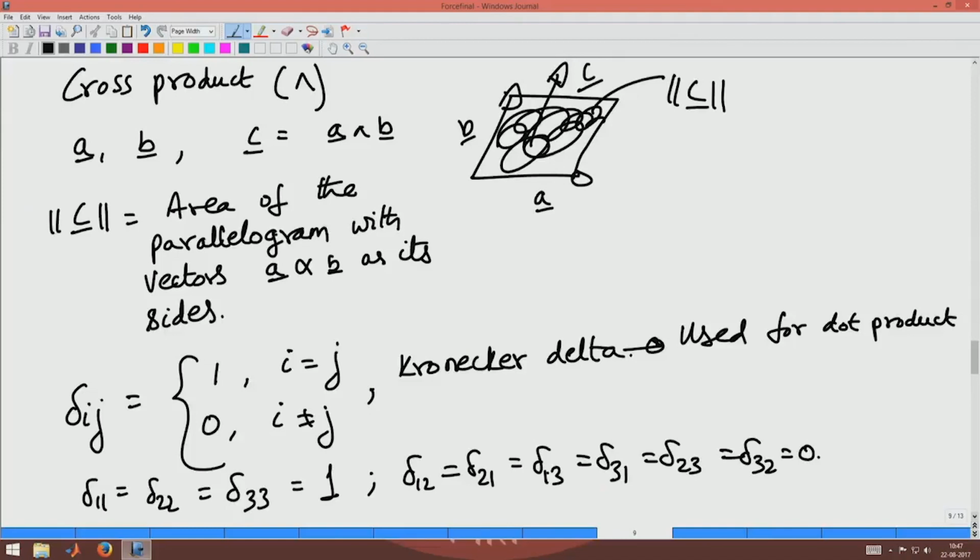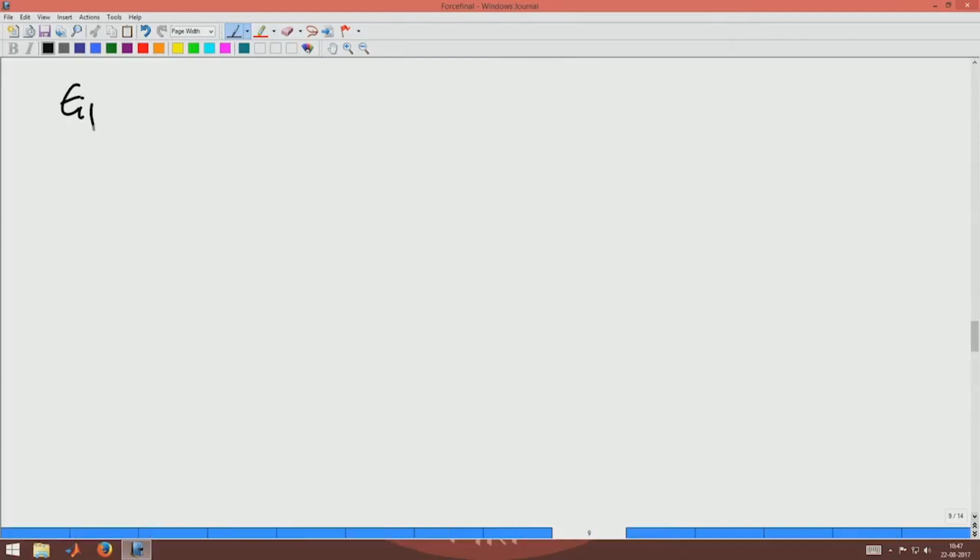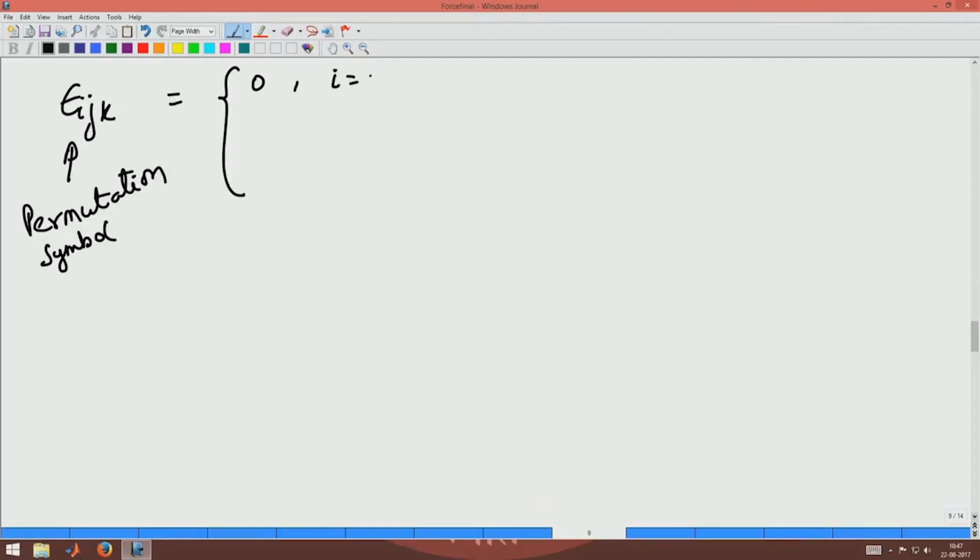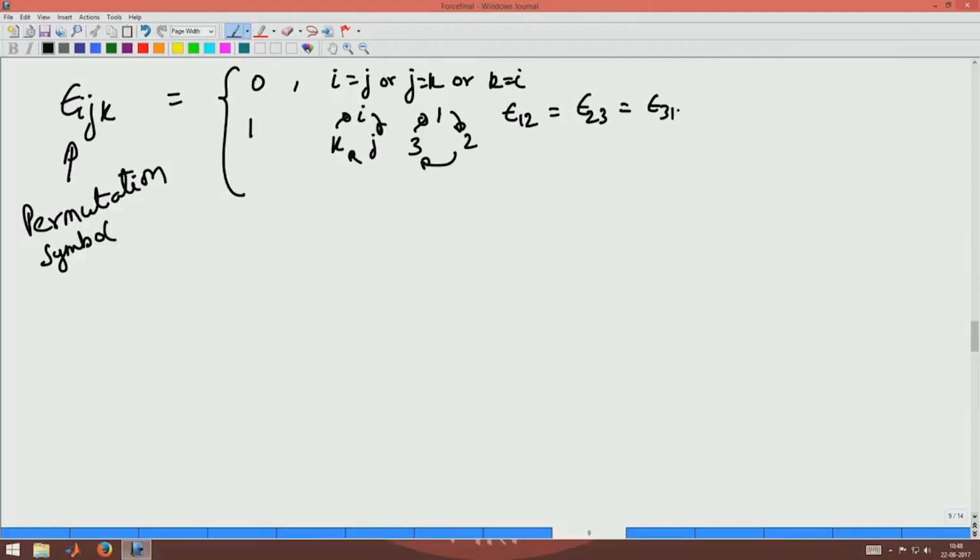For the cross product, we use the symbol epsilon ijk, which is called the permutation symbol, which takes the value 0 if i equal to j or j equal to k or k equal to i, and 1 if i j k go in a clockwise direction, that is epsilon 1 2 3 is equal to epsilon 2 3 1 is equal to epsilon 3 1 2, all of these will be equal to 1.